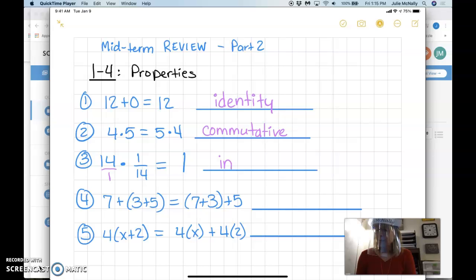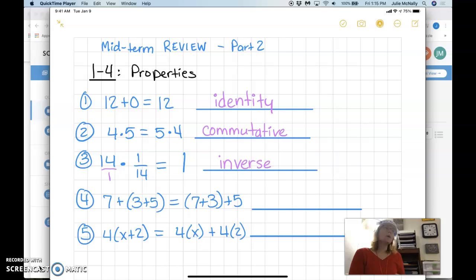Inverse. Yes. Very good. Inverse property means you're just flipping the number over, multiplying, and it's going to equal 1. So the inverse property means they took an original number, flipped it, multiplied, and they got 1.